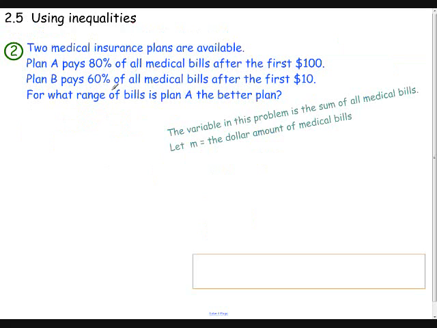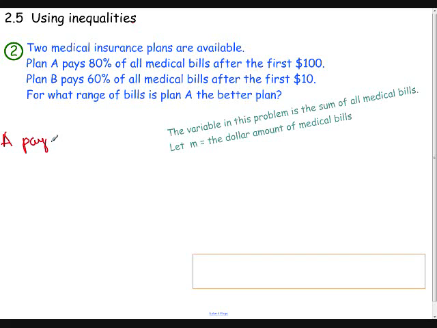Here's another. In this problem, 2 medical insurance plans are available. Plan A pays 80% of all medical bills after the first 100. So A pays how much? Oops, let's go back up a little bit.